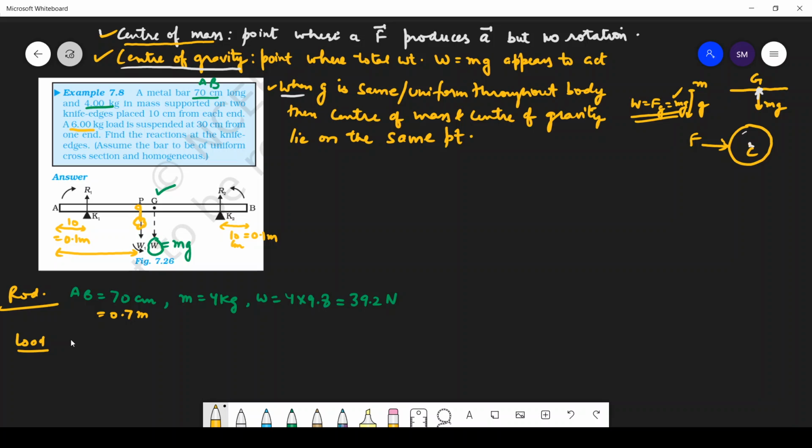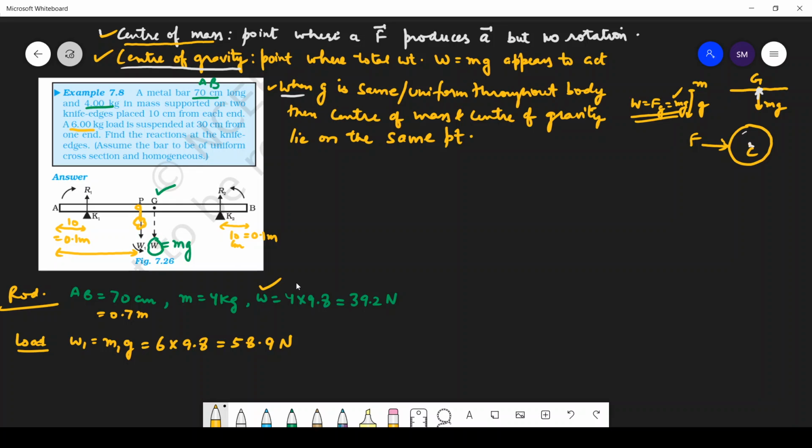Its weight is W1, that is equal to its mass m1 into g. Its mass is 6 kg, so 6 kg into acceleration due to gravity 9.8. 6 times 10 is 60, minus 6 into 0.2, which is 1.2, so 58.8 newtons. That is the weight of the load, W1.